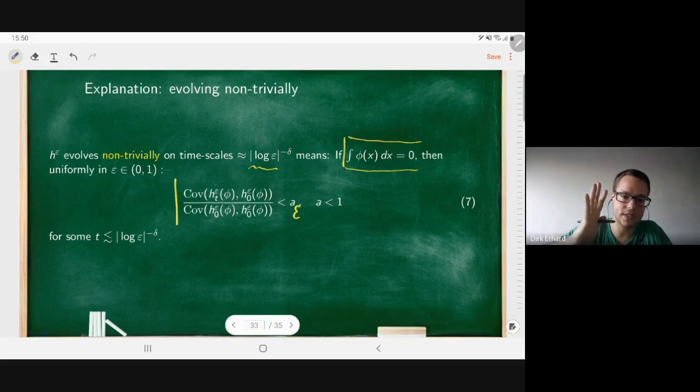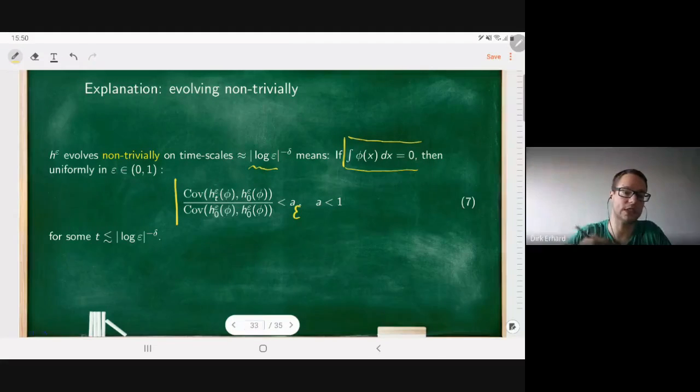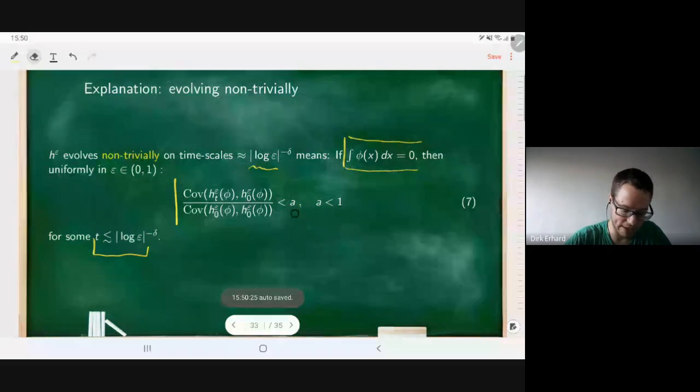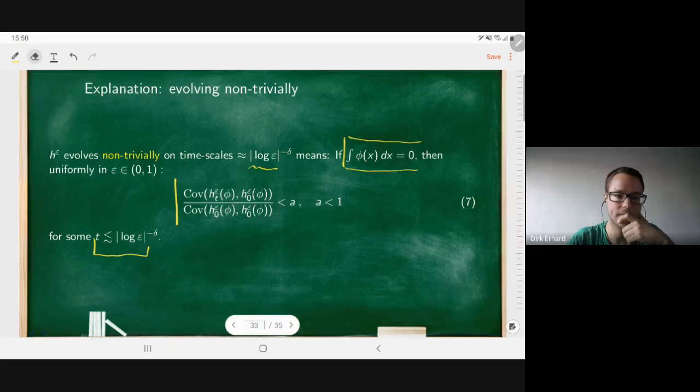If you choose t of order epsilon or something like that, this a may be smaller than 1 but depends on epsilon, and as you send t to 0, this a converges to 1. Here you can find a sequence of times going to 0 with epsilon such that you always observe the same a. So that's one way of seeing it.